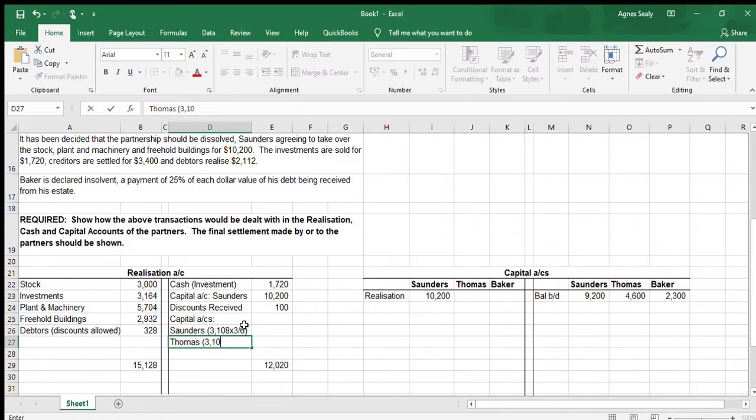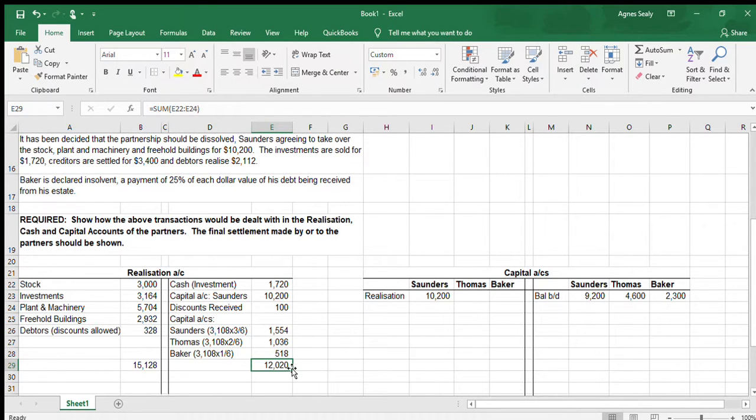Thomas is 2 on 6, and Baker is 1 on 6. So here we have the amounts for the partners.